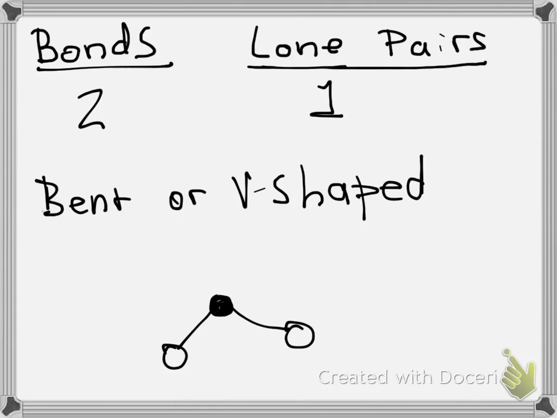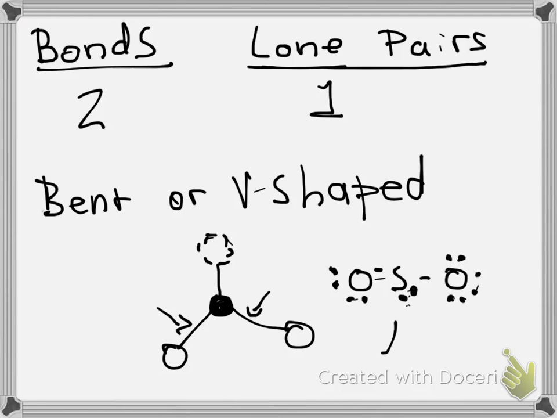These are the bonds, these right here. And then we'll have one lone pair, which I'll make dotted. So this is what a lone pair would look like in the Lewis structure, and that is why we have it over here.